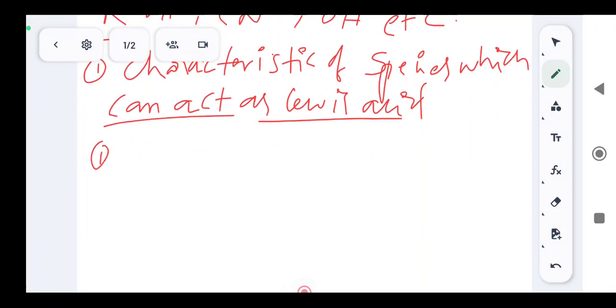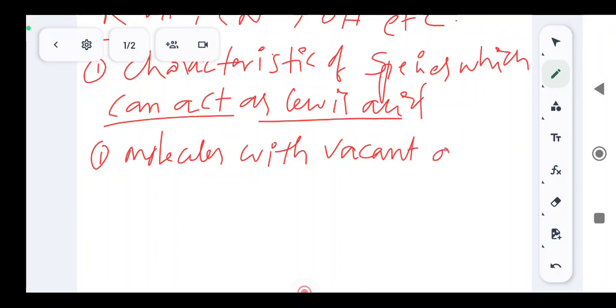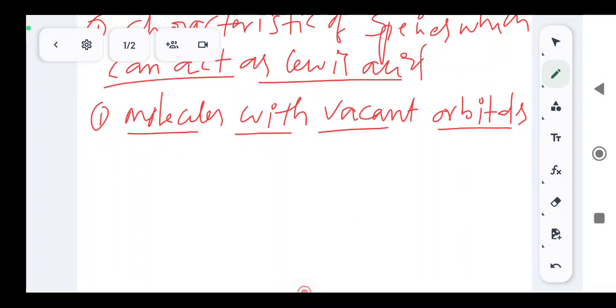First one, molecules with vacant orbitals. If a molecule has a vacant orbital, it is ready to accept a pair of electrons, so it is a Lewis acid.